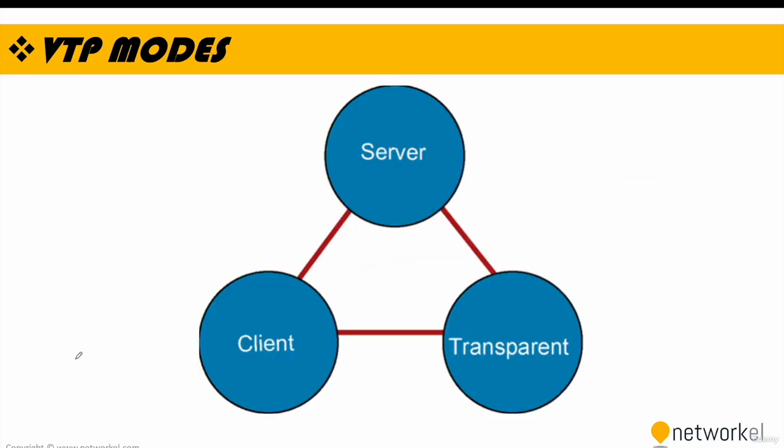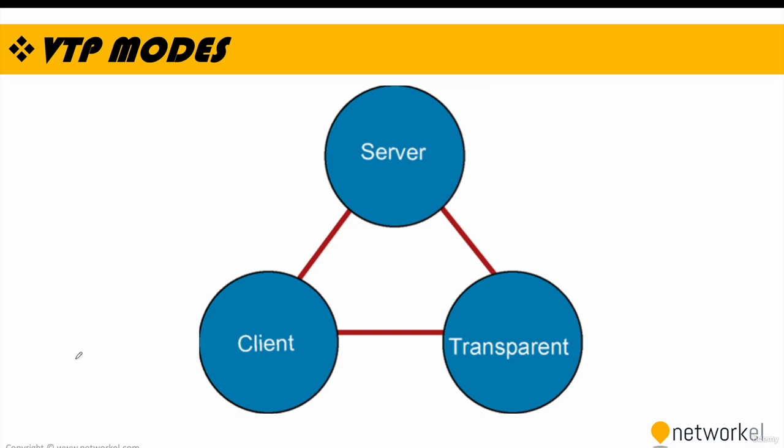So again, VTP modes, we have three modes. They are server, client, and transparent. A switch might be configured in three different VTP modes. The server again can create, modify, and delete VLANs and advertises VLAN changes to all other switches in the domain.